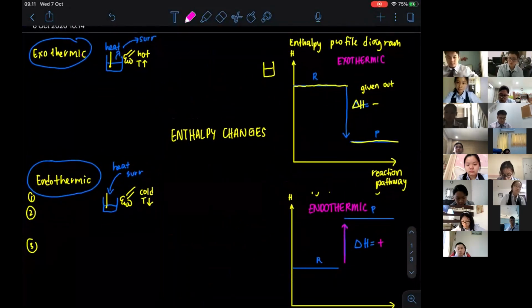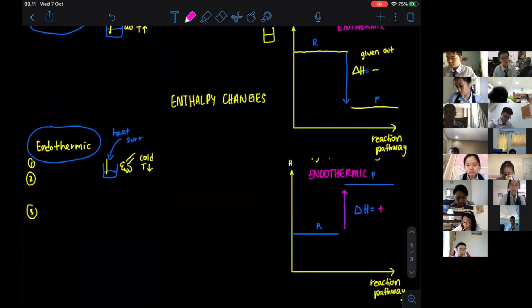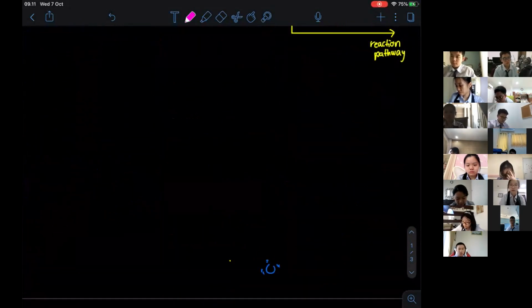If they ask you to draw an enthalpy profile diagram, this is the diagram that you will draw. But sometimes you have a situation like this. I'm very sure you have seen this.